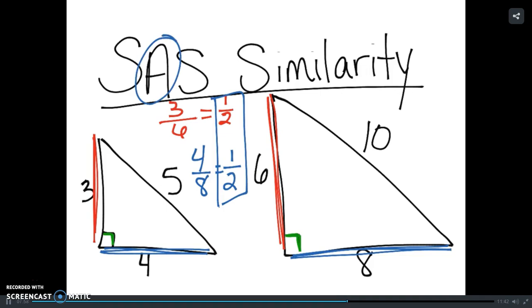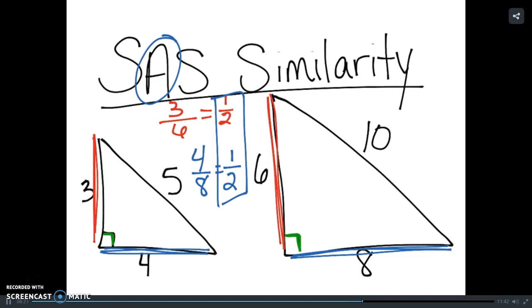It has to be included. Those two angles have to be congruent. There's no proportional dealings with the angles. The angles have to be congruent, no matter what we're talking about here. And so with this, we would be able to prove, it's a shortcut, that these two triangles are similar, right?